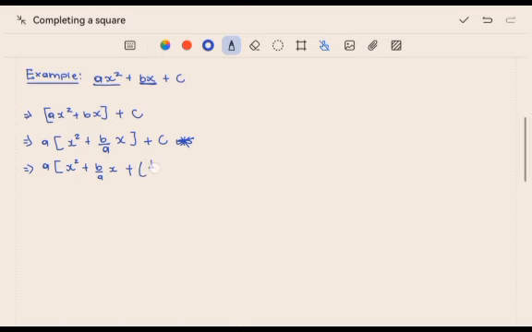So you have half of b over a, and then you square that. And then you subtract the very same term, minus open bracket half times b over a, squared. Now you close your square bracket and add your constant outside.